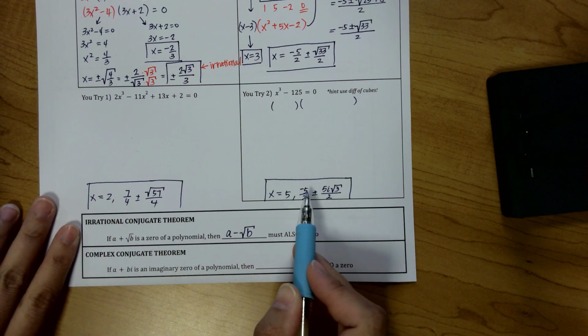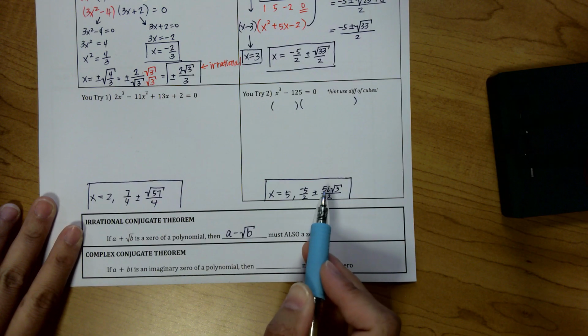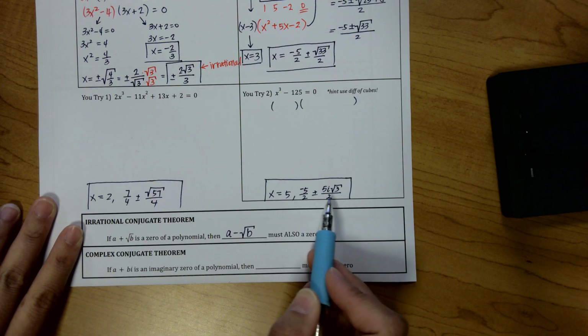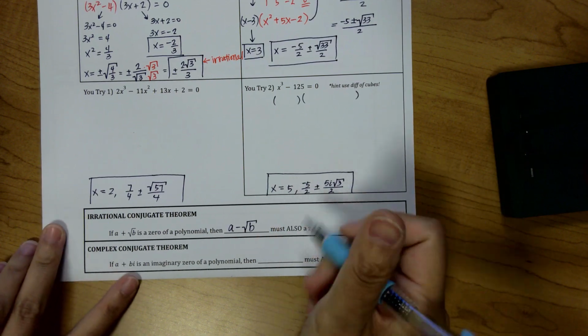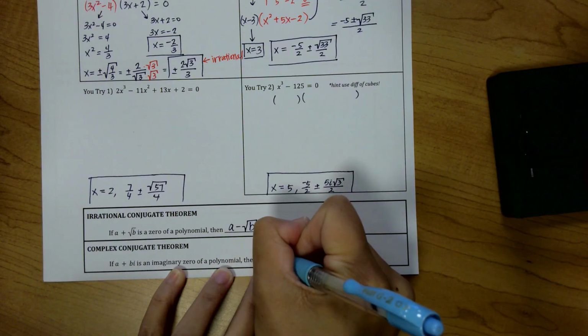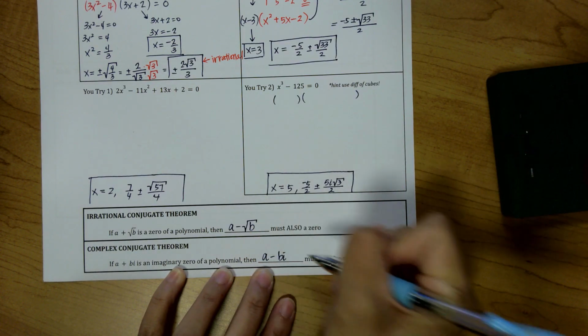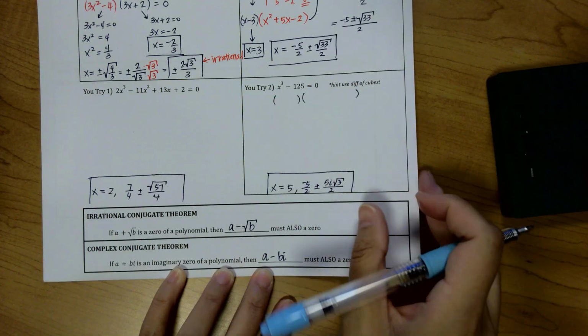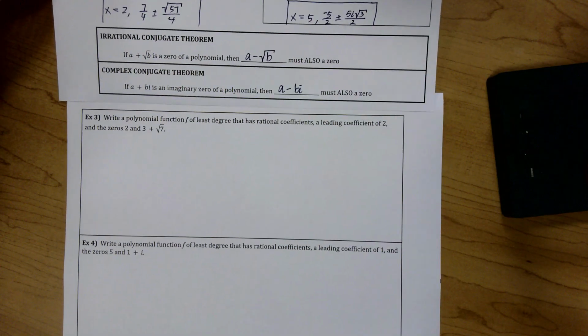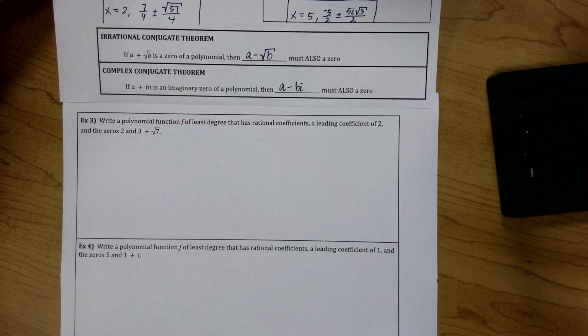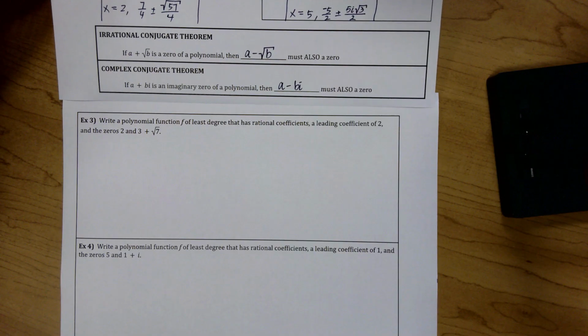Now, if I have an imaginary answer, the same thing happens because we have a plus or minus for imaginary numbers as well. So if a plus bi is an imaginary 0, then a minus bi must also be a 0. And if this is the case, then we can write some polynomial functions using these complex conjugate theorems or the irrational conjugate theorem.